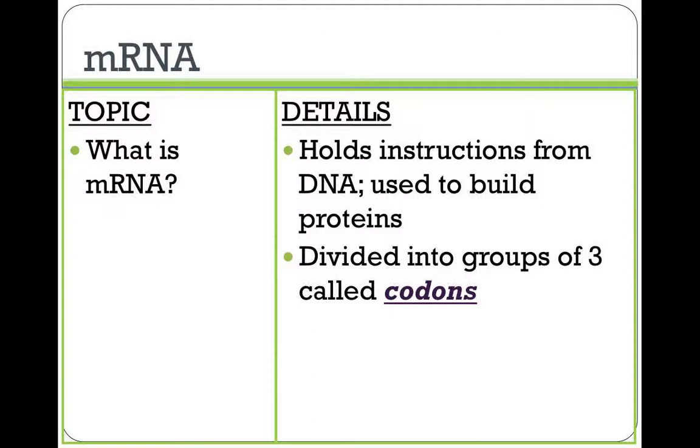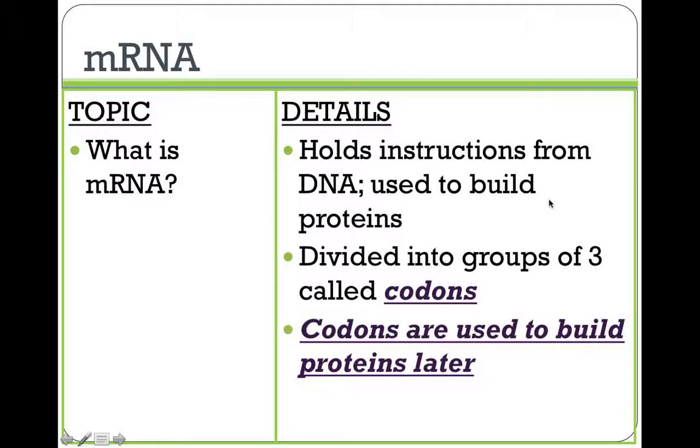And that's something we will be learning a lot more about in the near future. Codons, again, are used to build proteins later. So the mRNA, again, we're going to learn about how this happens in a little bit, but it happens in a step called translation. The information from the mRNA is used to build proteins out in the ribosomes.